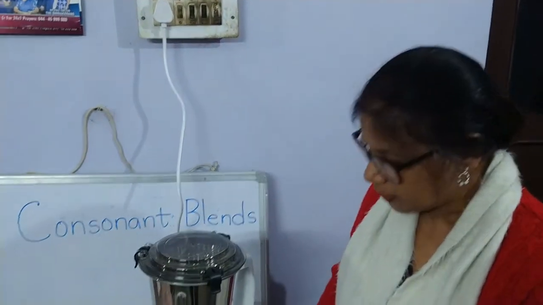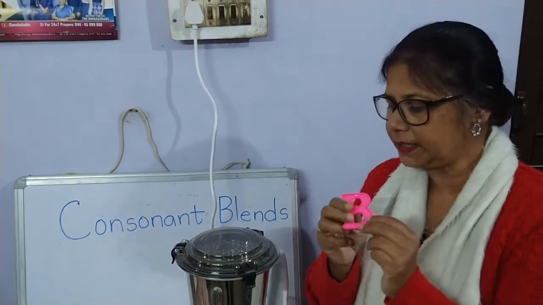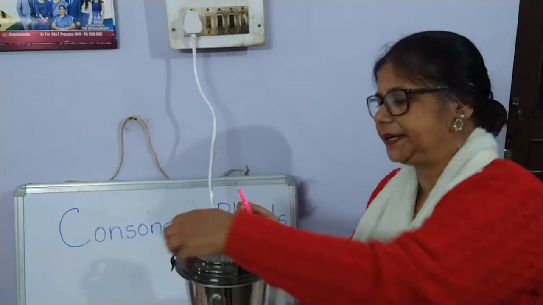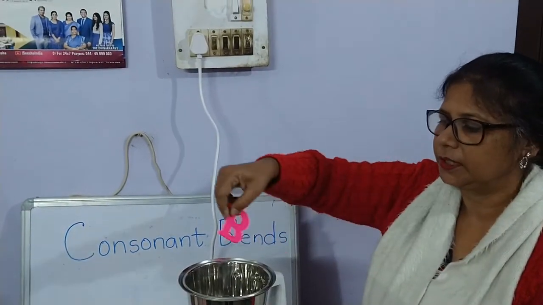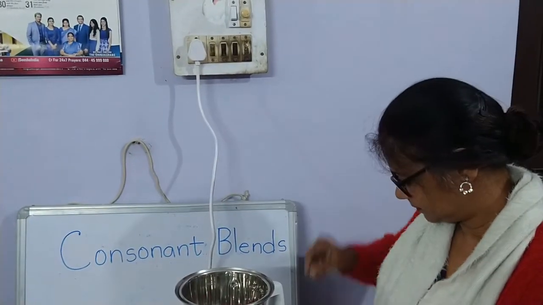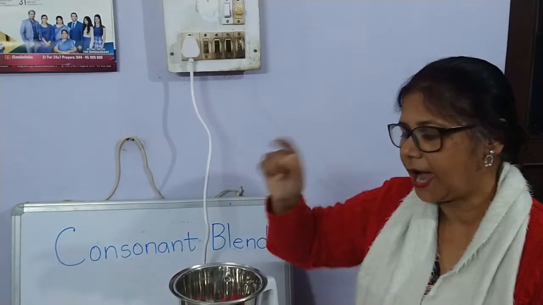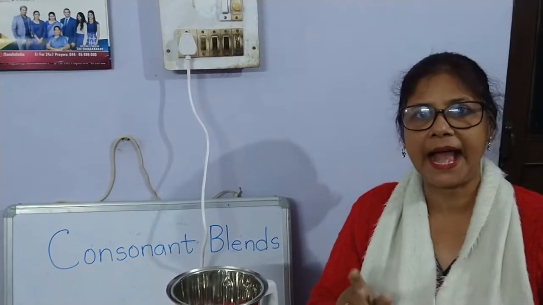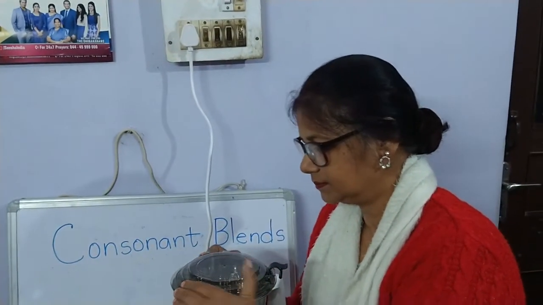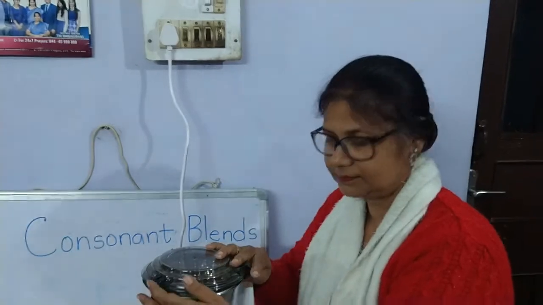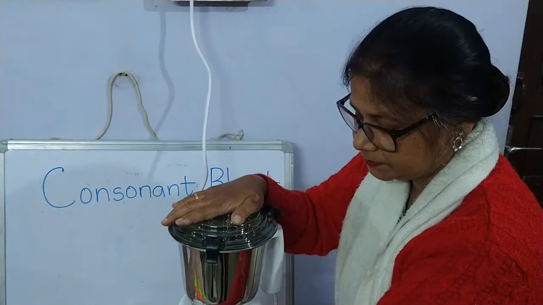Okay. Now the first consonant I am taking is B. Alright. I am going to put B in my blender. So B is going inside and L is also going inside. I want to blend B and L. So I'll put it. B and L will get blended.